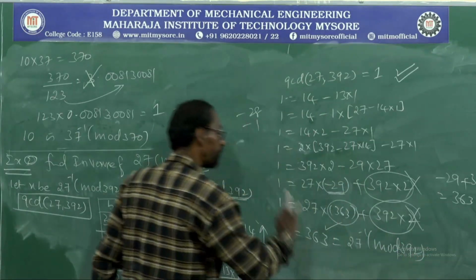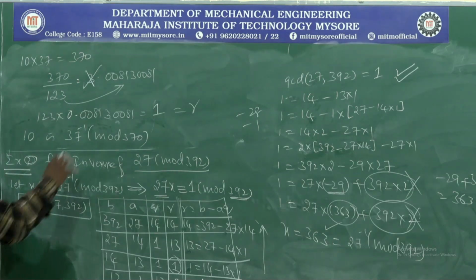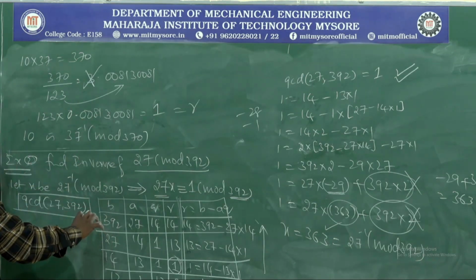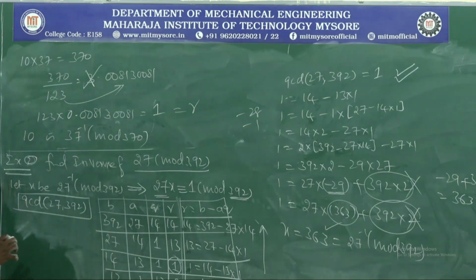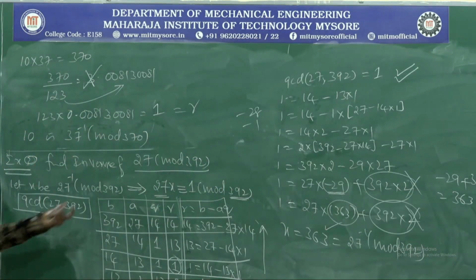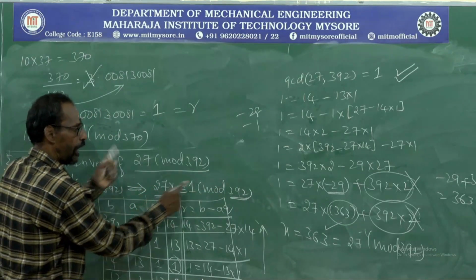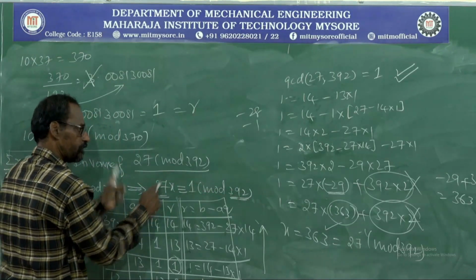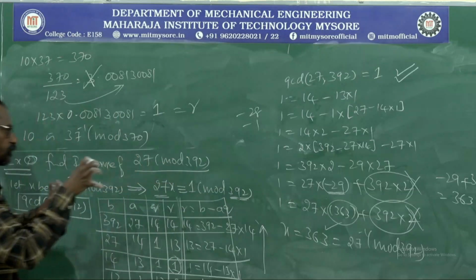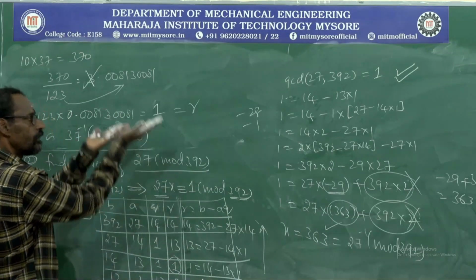People will literally try to find the inverse of a given modulo class. Very simple. If you understand the flow, you can find the inverse. This is mathematical modeling, linear congruence equation. Get the GCD of 27 and 392, the given number and the divisor, using the Euclid algorithm.